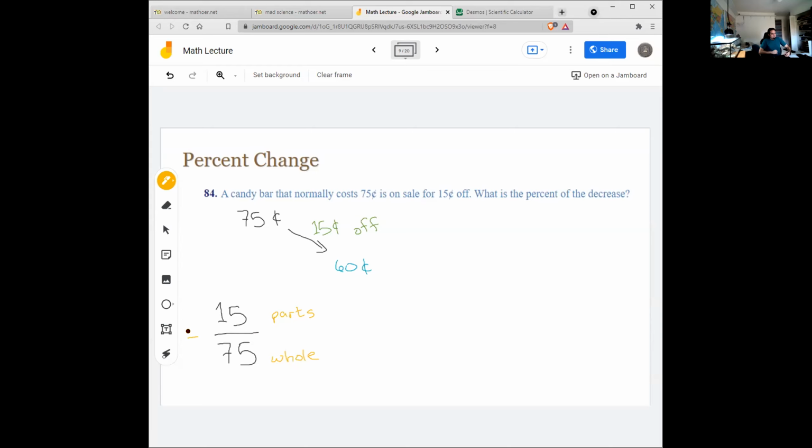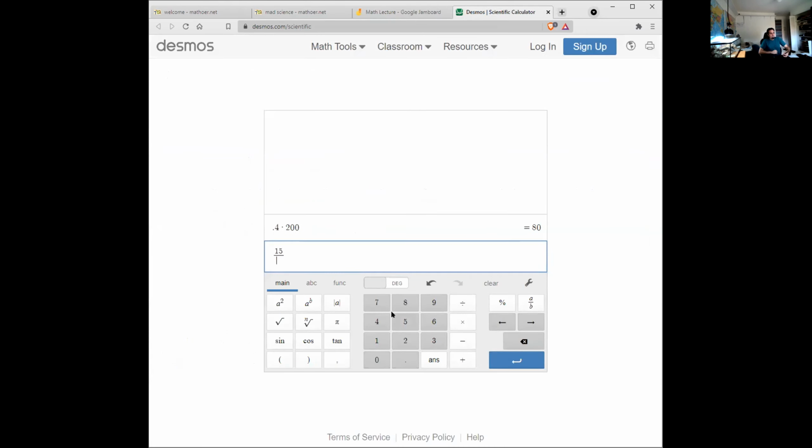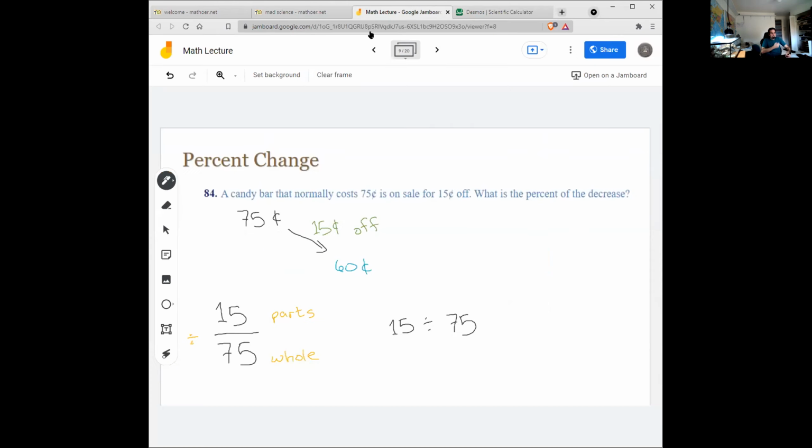And then fraction bars, we just saw, are like division. So here we're doing 15 divided by 75, whatever that is. 0.2. That's a good answer. I like 0.2, but it's not a percent. So we have to do some more riplop. Are we going into or out of percent? Into. So we'll go to the right and we get 20%.